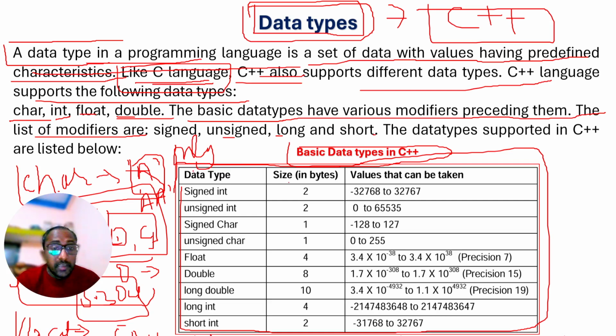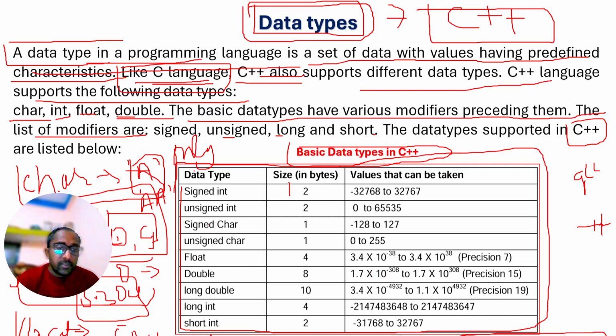It may be 4 bytes as per your compiler. This is the GCC C++ compiler, and it changes with the updated and new versions available in the market.